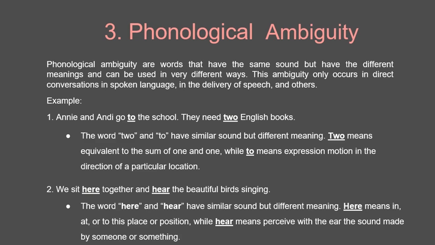The first, two in they need two English books, means equivalent to the sum of one and one, while to in Annie and Andy go to the school expresses motion in the direction of a particular location.